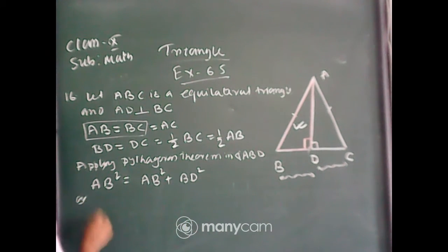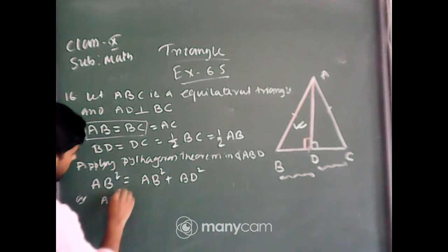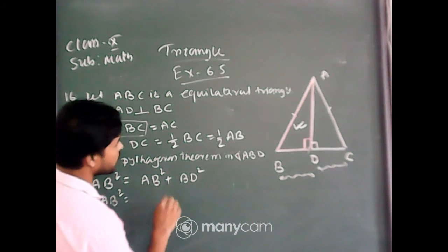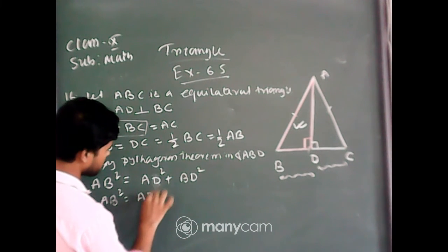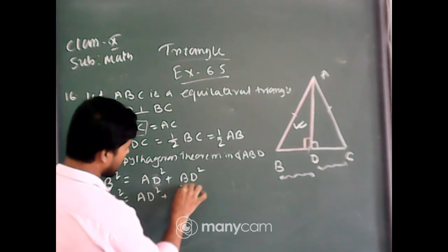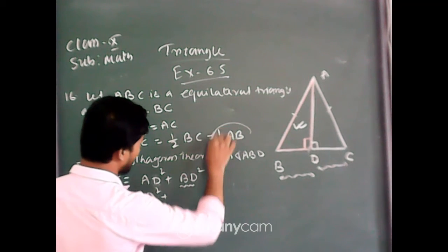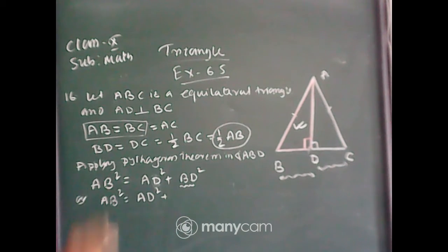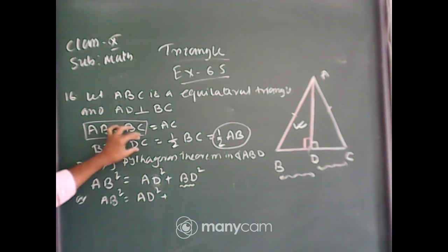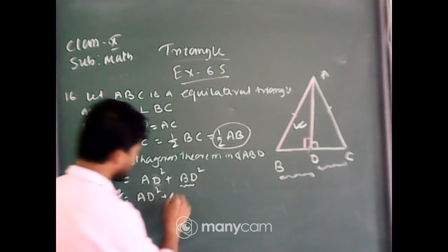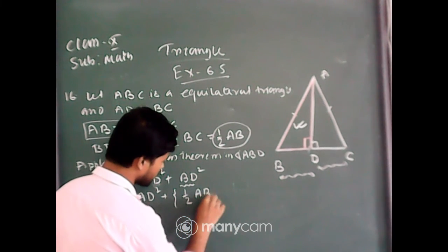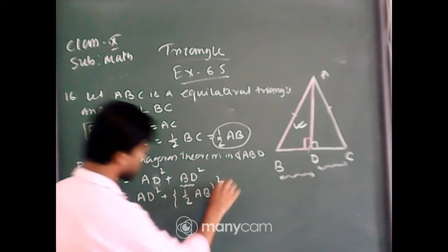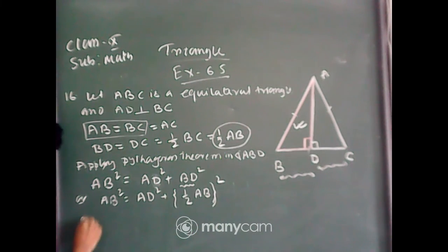Now look, in place of BD, can we write half of AB? Because BD is equal to CD is equal to half of AB. So we are writing here half of AB whole square.